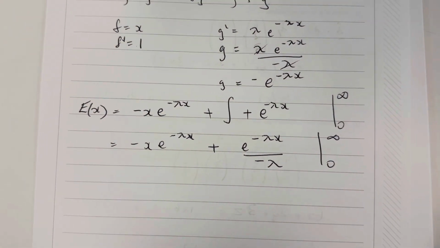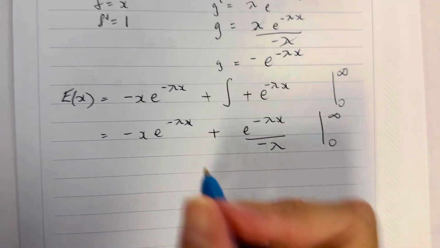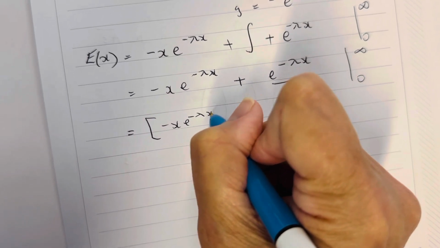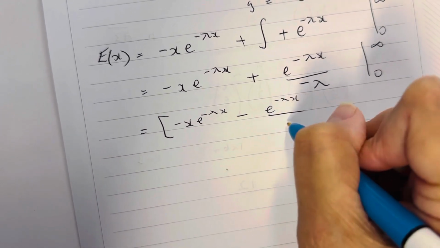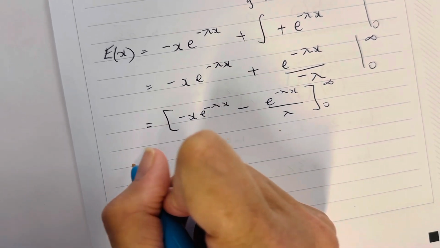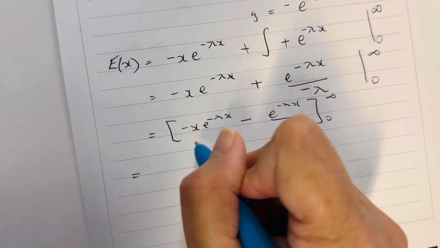So I'm going to write that as negative x e to the negative lambda x, take e to the negative lambda x on lambda, from 0 to infinity. So doing our definite integral, we've got to put in infinity.